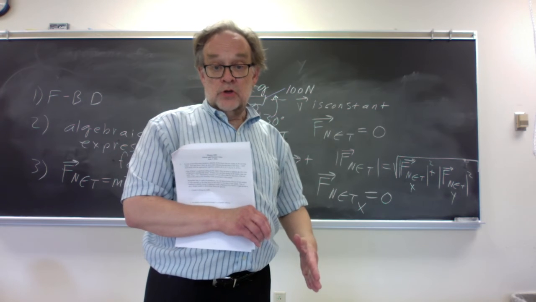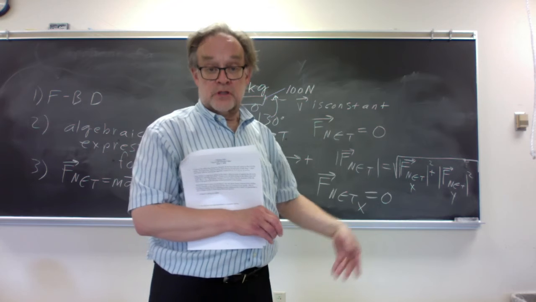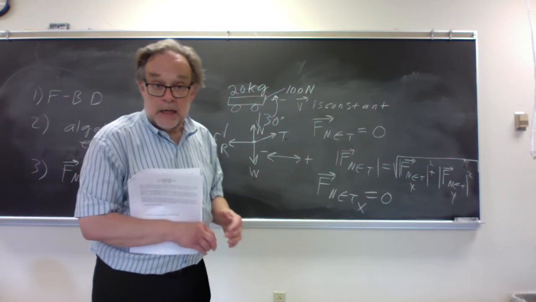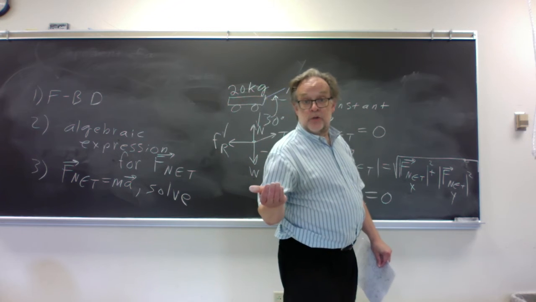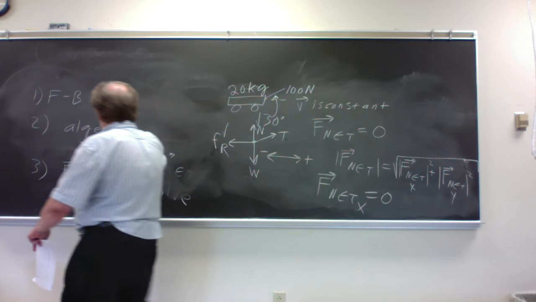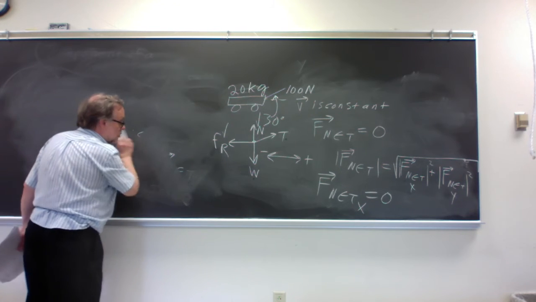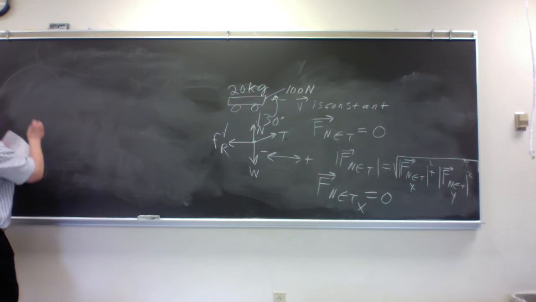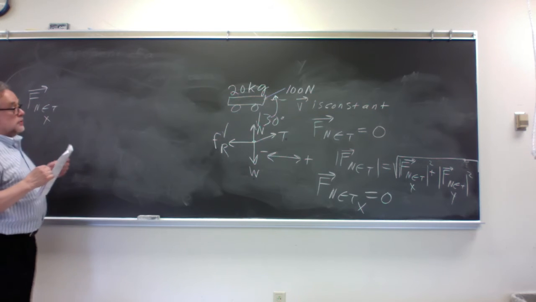And we have to show how forces and their components add up to give you the net vertical force, and that'll add up to 0 also. So let's do it for the horizontal direction first. So net force in the x direction.